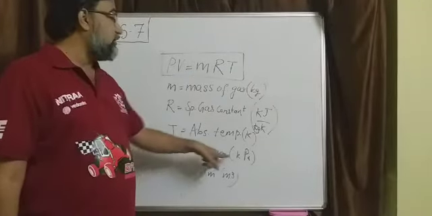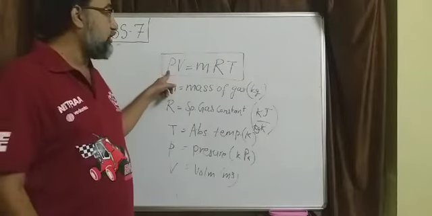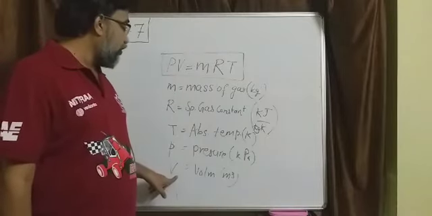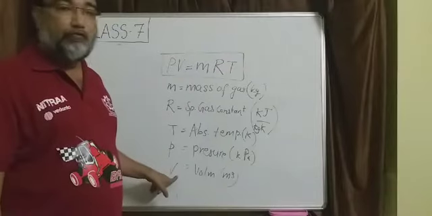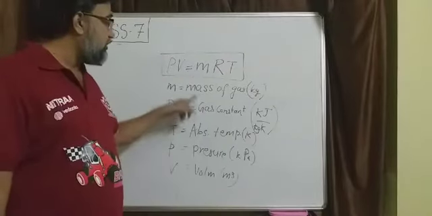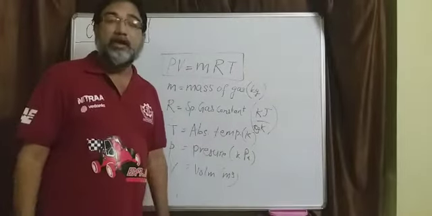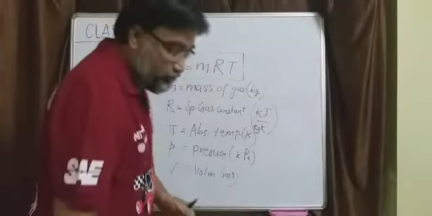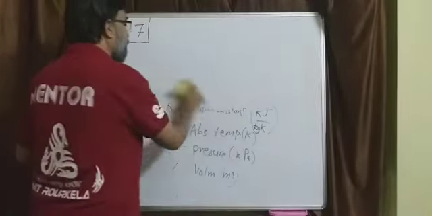Pressure P is in kilopascal, because unless you write in kilopascal you will not get kilojoules on the left hand side. Then volume is expressed in meter cube, which is the standard unit of volume. So if these are the units of the respective terms, then PV equal to mRT is the gas equation which is to be used whenever you feel like using it while solving the problem.